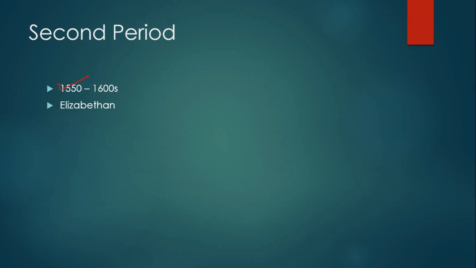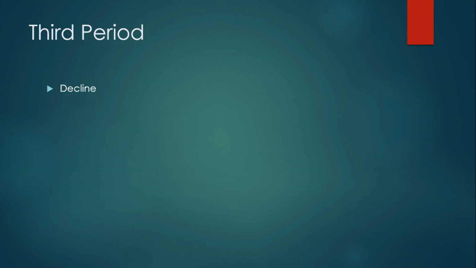This was the period of flourishing the literature, the time of creating the new literary forms, right? Shakespeare's masterpieces are created in this period, right? We'll be discussing the second period in detail in our next lectures, right?